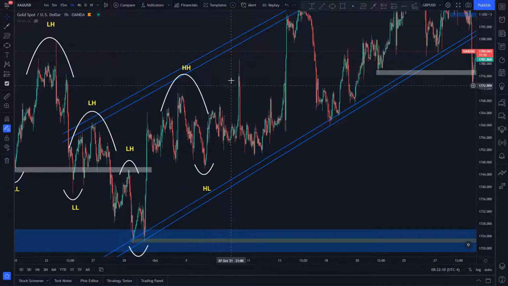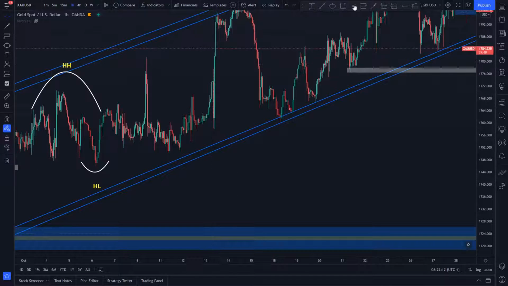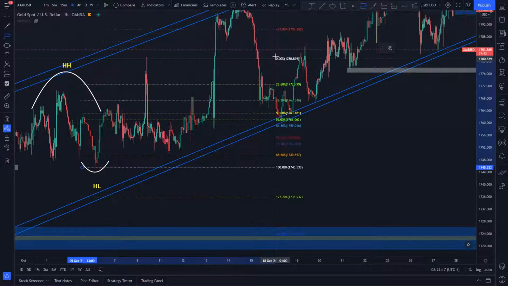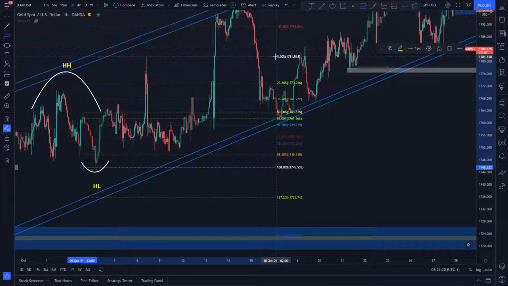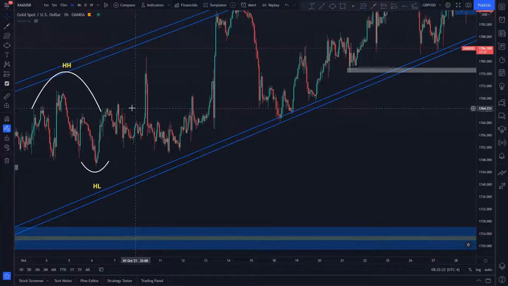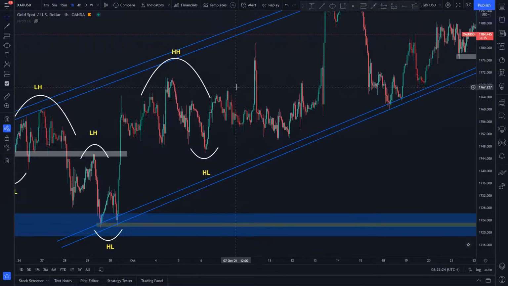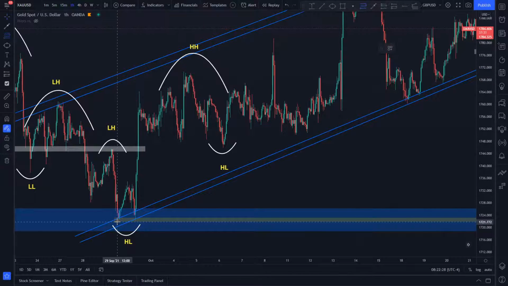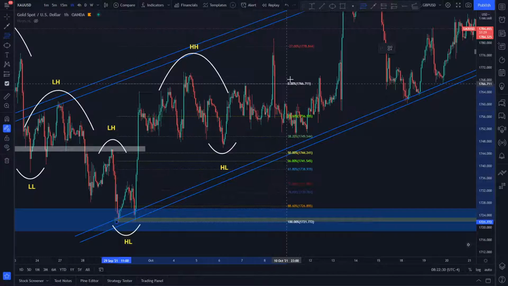Now let's go ahead and create another higher high. Now with the fibs, right there, you don't find a higher high, you find a higher high through the fibs.